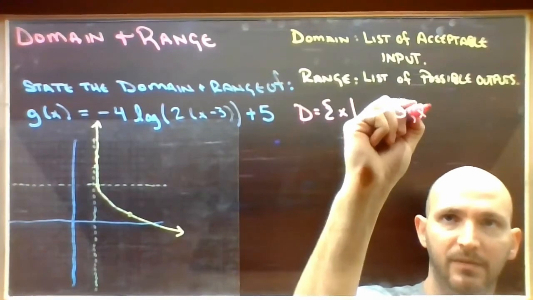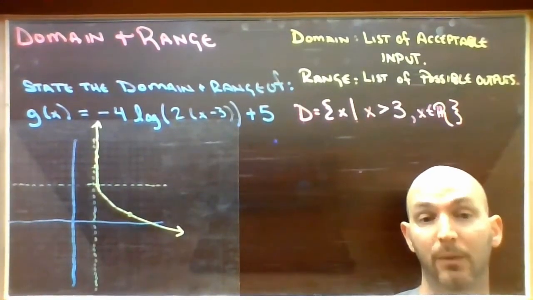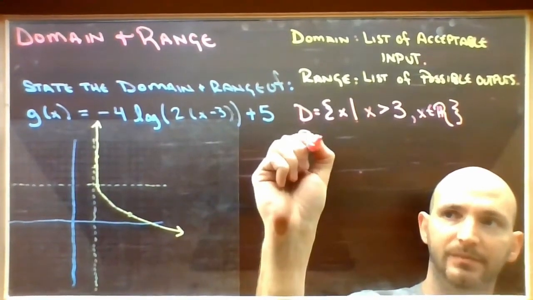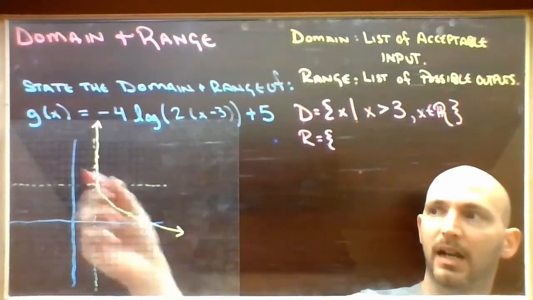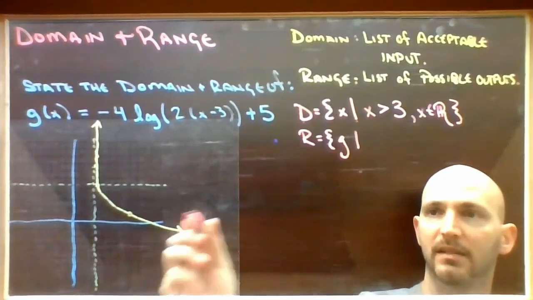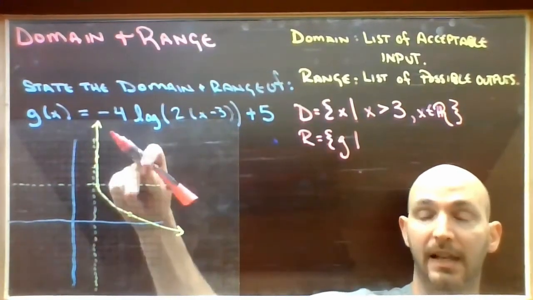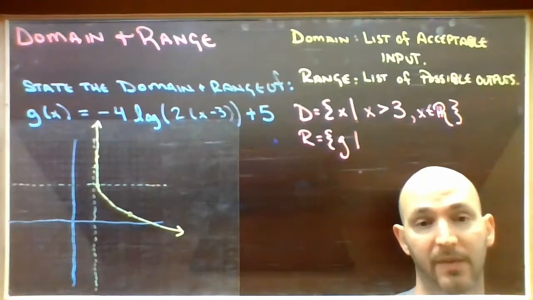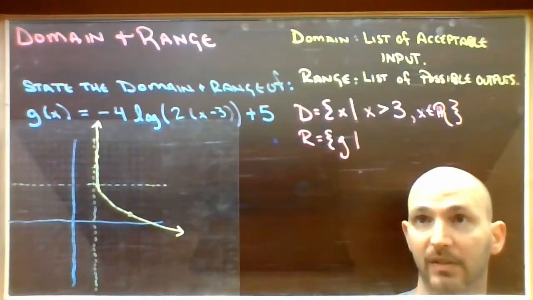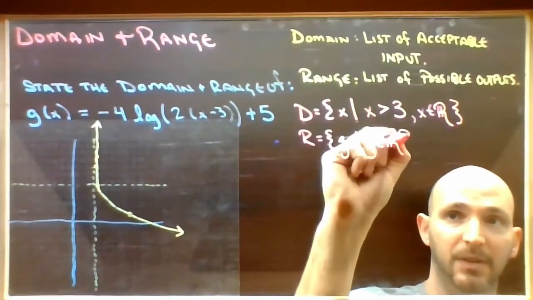Close her off with the generic statement, it must be a real number, and we're done. As far as range is concerned, well, these are g values such that, well, it goes up to forever that way, and it's going to eventually drop to forever that way. There's no limit to what you can get out of this function, so there are no restrictions, except that they must be real numbers.